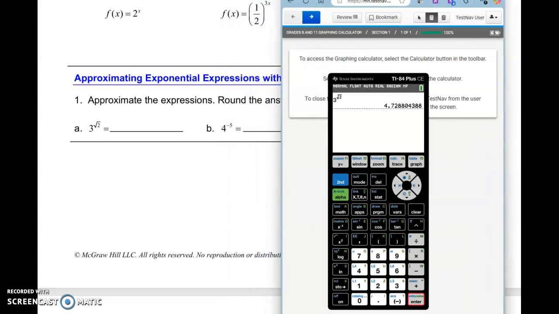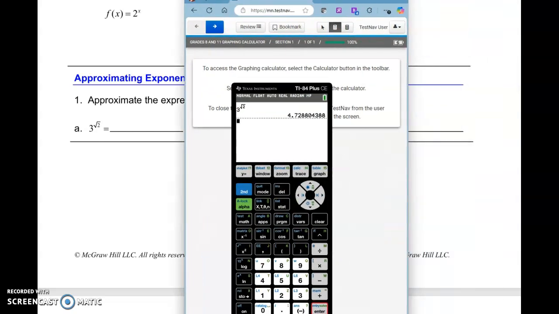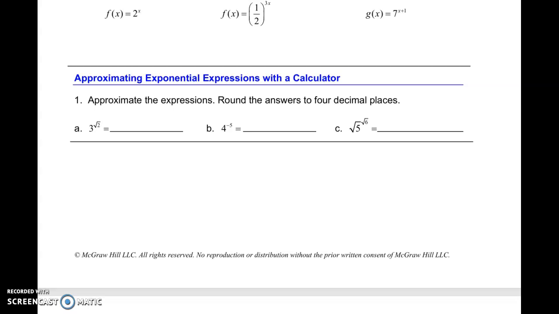So here is my answer. I'll write it on the screen here. Some calculators have a button that looks like this, which is what you see on that one. Some calculators have a button that looks like this, and they say x to the y power, and some calculators have a button that looks like this.